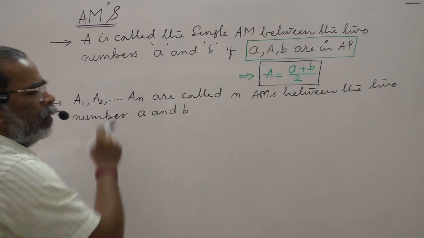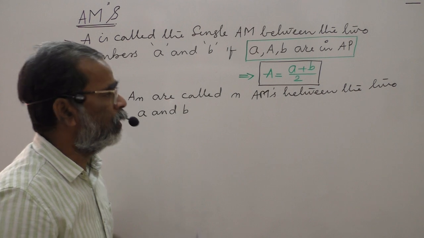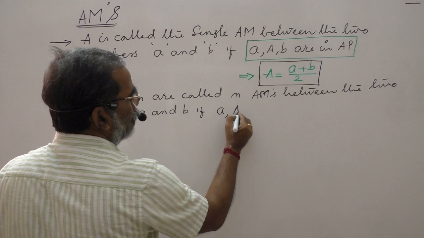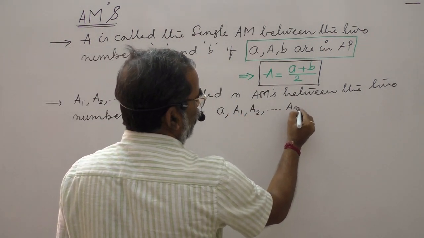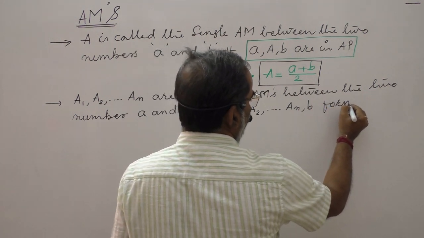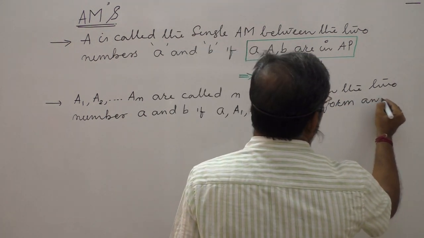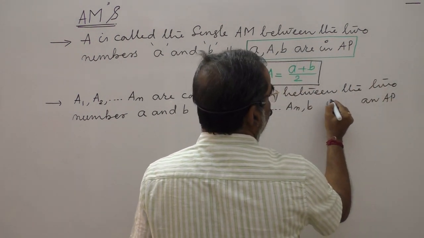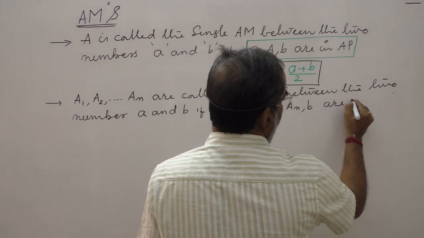These n numbers are called n arithmetic means between a and b if a, A1, A2, A3, dash dash An, b form an AP, or simply if they are in AP.